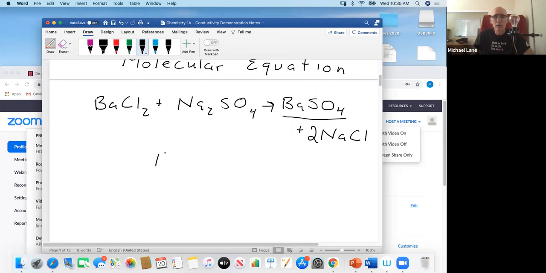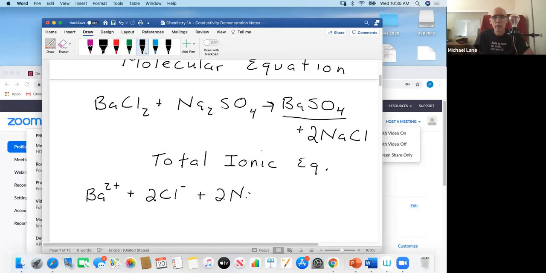So this next equation I'm going to write is typically referred to as the total ionic equation. In the total ionic equation, we write the compounds as they exist as ions in solution. So from before, the barium exists as barium 2 plus, 2 chlorides, 2 sodiums.